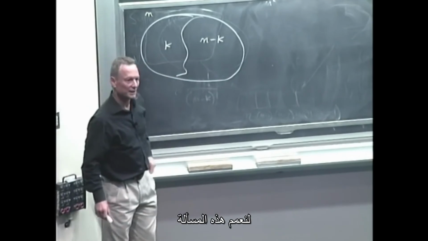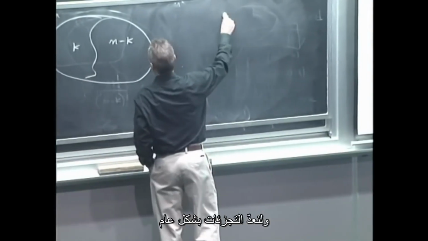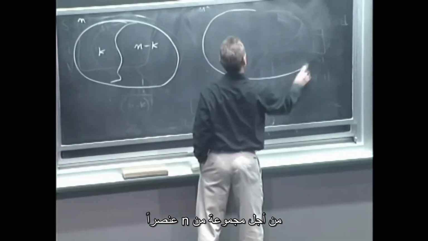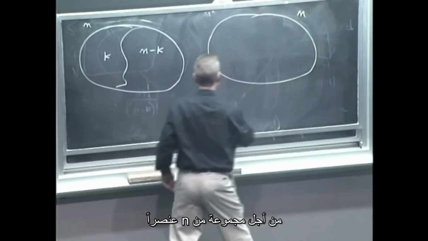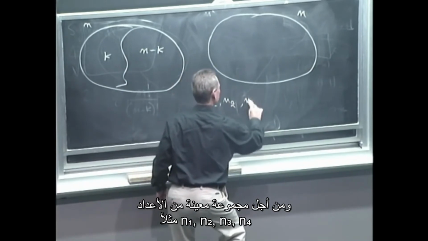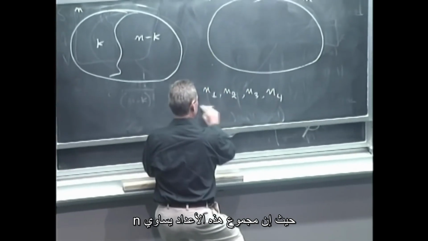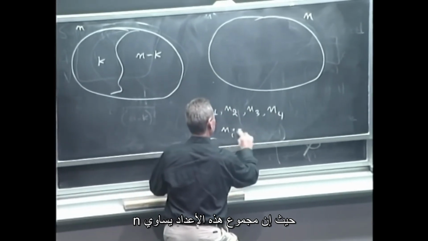Now, let's generalize this question and start counting partitions in general. Somebody gives you a set that has n elements. Somebody gives you also certain numbers, n1, n2, n3, let's say n4, where these numbers add up to n.